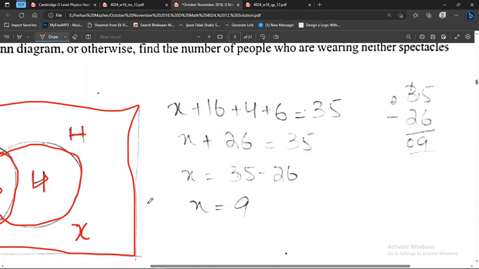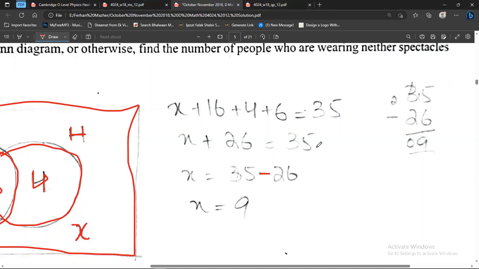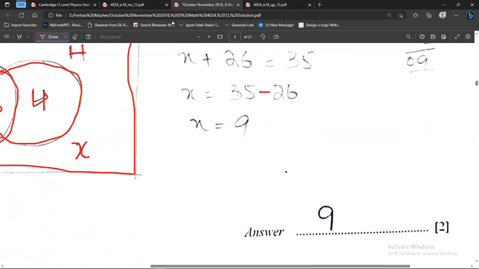So you will have X plus 16 plus 4 plus 6 equals 35. So X plus 26 is equal to 35. So X will be equal to 35 minus 26, and that will be equal to 9.